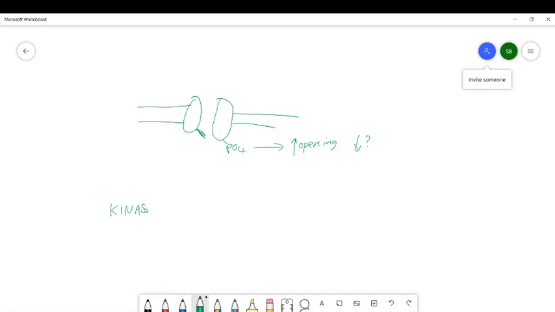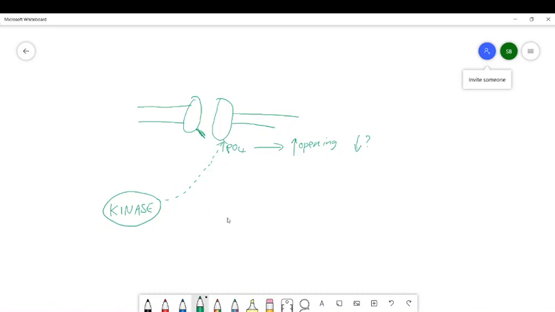It's a protein which phosphorylates another protein and therefore changes its action. Now, of course, the other thing is who controls the kinase.